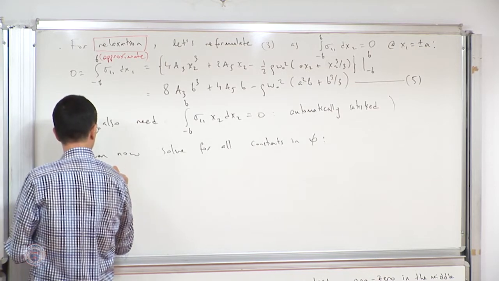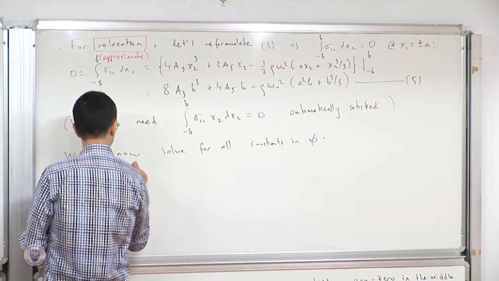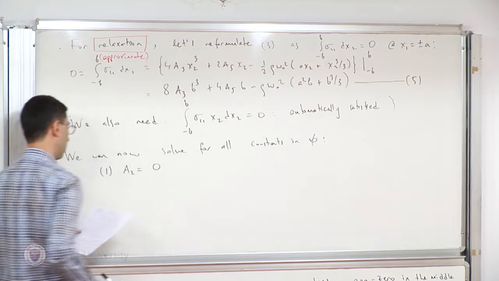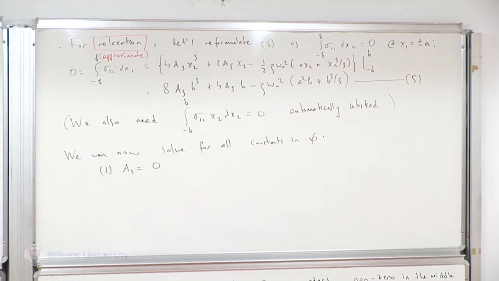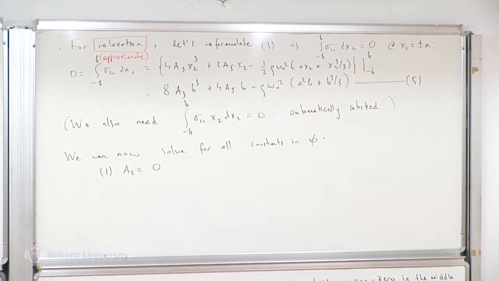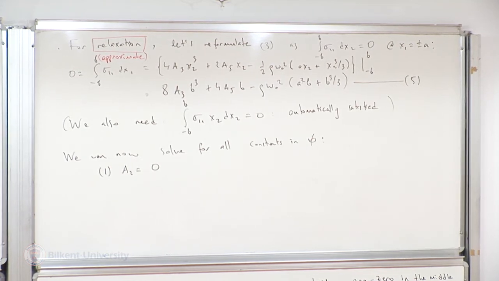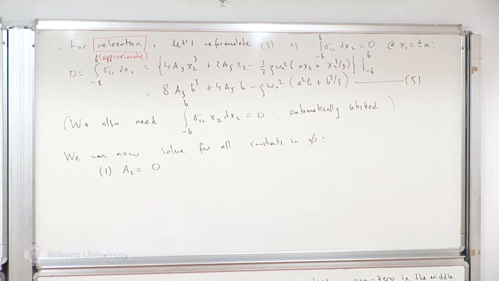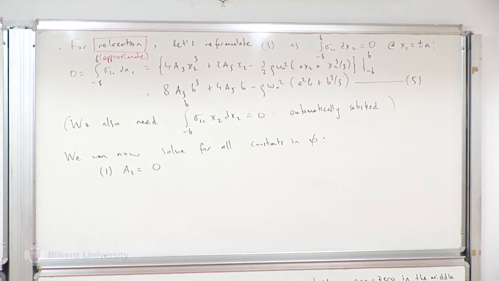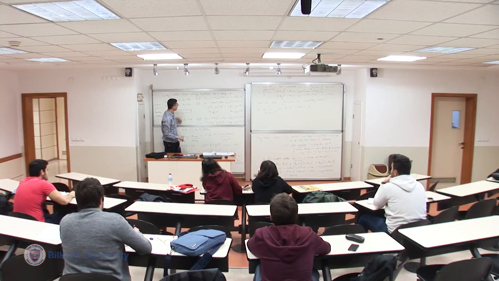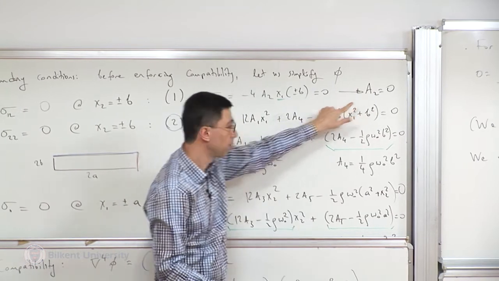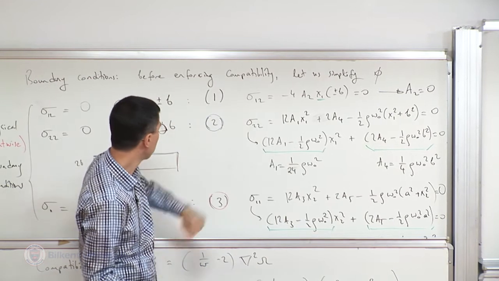And well, the first one is retained, okay? From A1, from the, well, I'm sorry that I want to do this again, but A2 is equal to 0 from condition number 1.